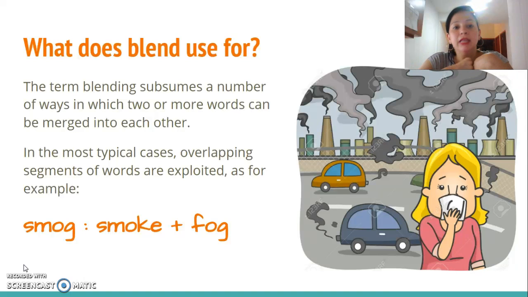In the most typical cases, overlapping segments of words are exploited, as, for example, smog. It comes from the two words smoke and fog. As you can see, it's a mix of words.